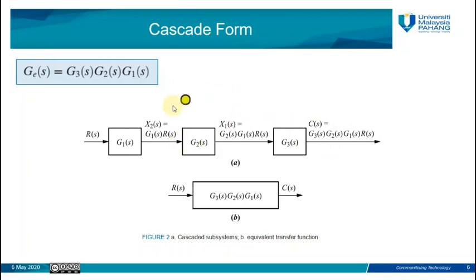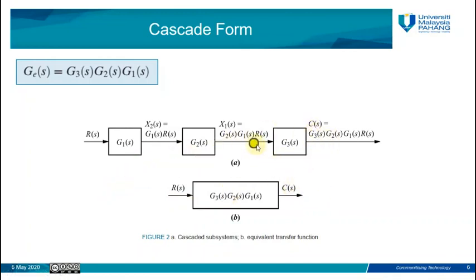In order to simplify this cascade form of control system, the equivalent transfer function of this system represents the multiplication of the three transfer functions. So we have G1 times G2 times G3, or G3 times G2 times G1, it's the same. And we have the input, which is the input at G1, which is R(s), and the output is the value of C(s).